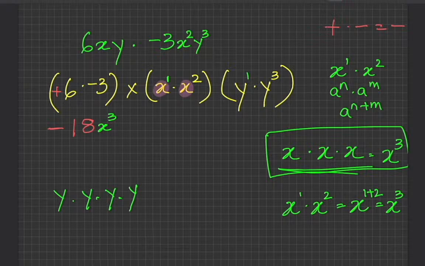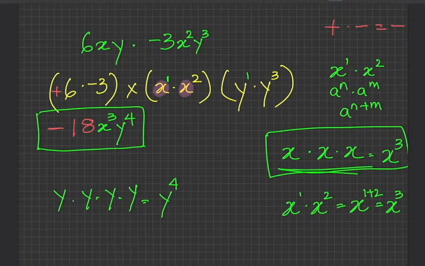How many y's are getting multiplied here? y is getting multiplied by itself 4 times, so y to the power 4. This is your product of 6xy times negative 3x squared y cubed. Got it?